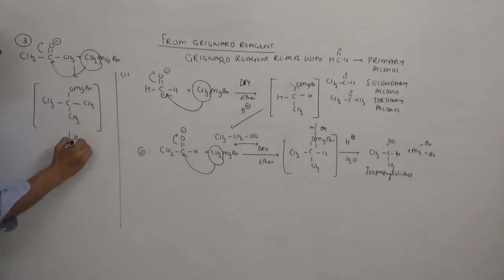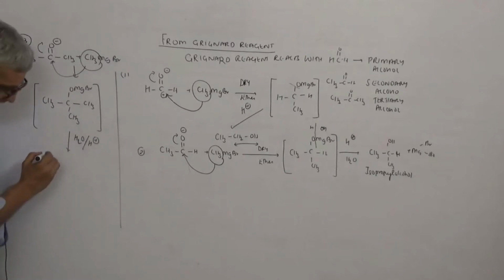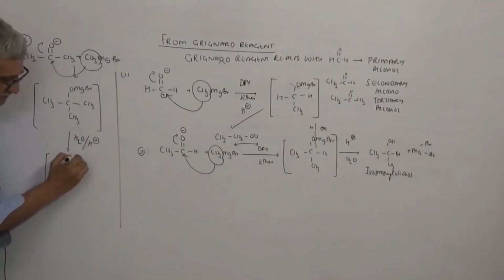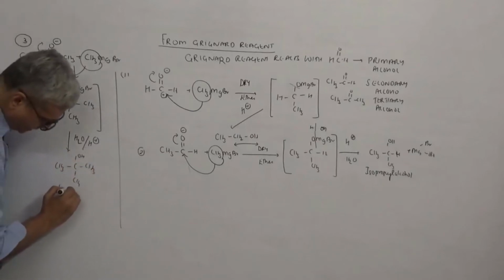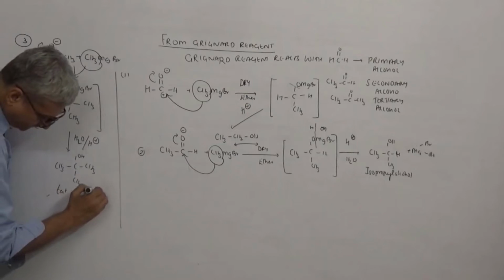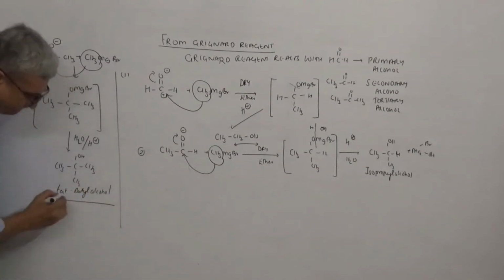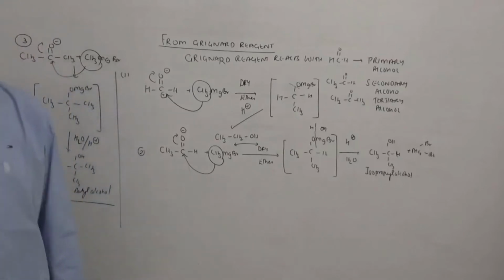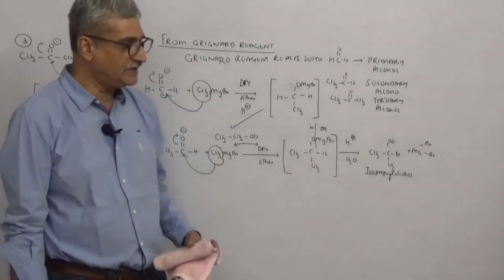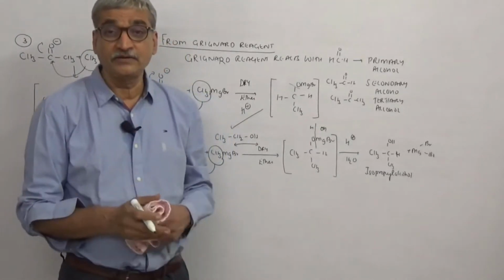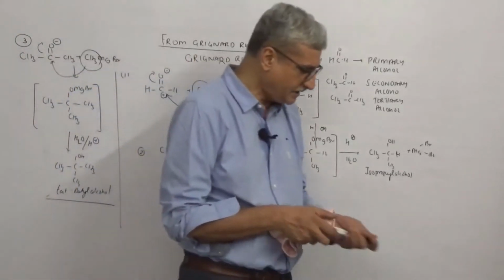Now this on hydrolysis forms CH3, C(OH), CH3, CH3. It's tertiary butyl alcohol. Is this point clear? A question they can ask in MCQs: formaldehyde gives primary alcohol, any other aldehyde will give secondary alcohol, and with any ketone it will give a tertiary alcohol.